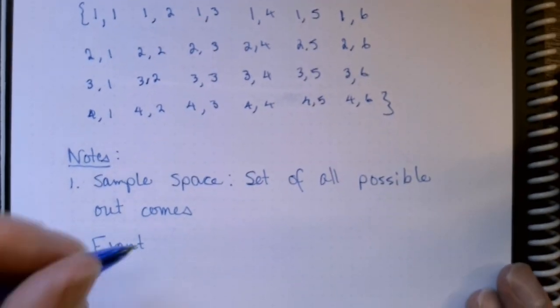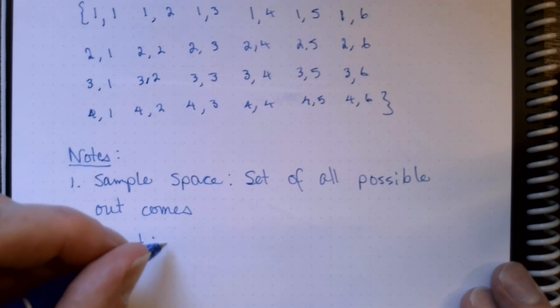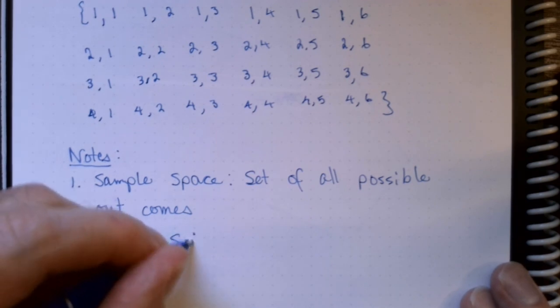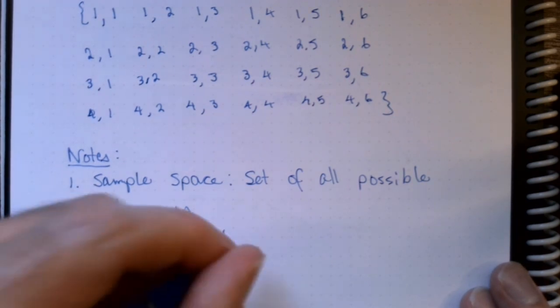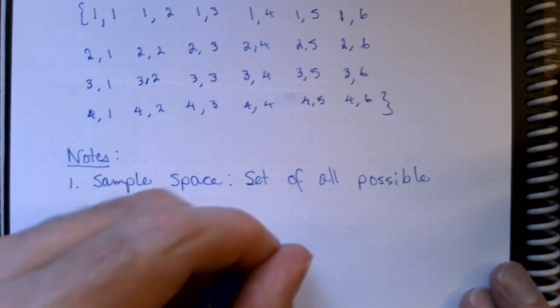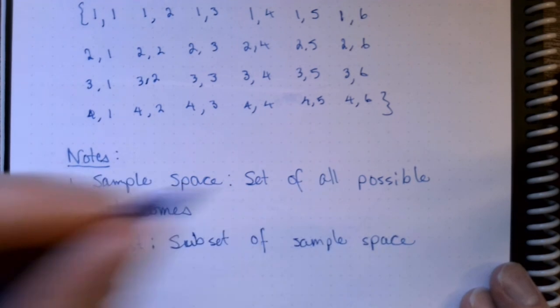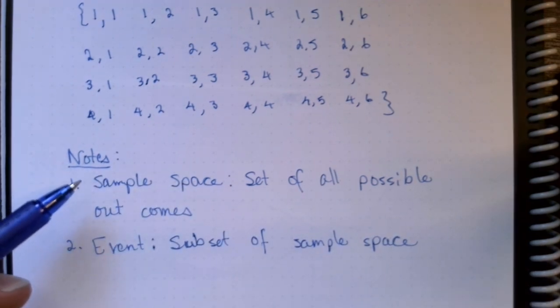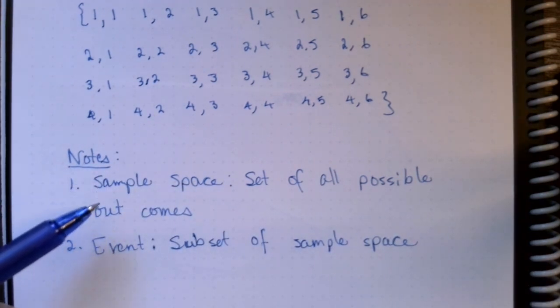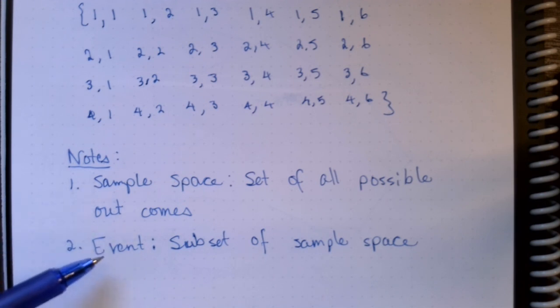If you hear the word event in the context of probability, that is referring to a subset of the sample space. Okay? So the sample space is the set of all possible outcomes. An event is a subset of the sample space.